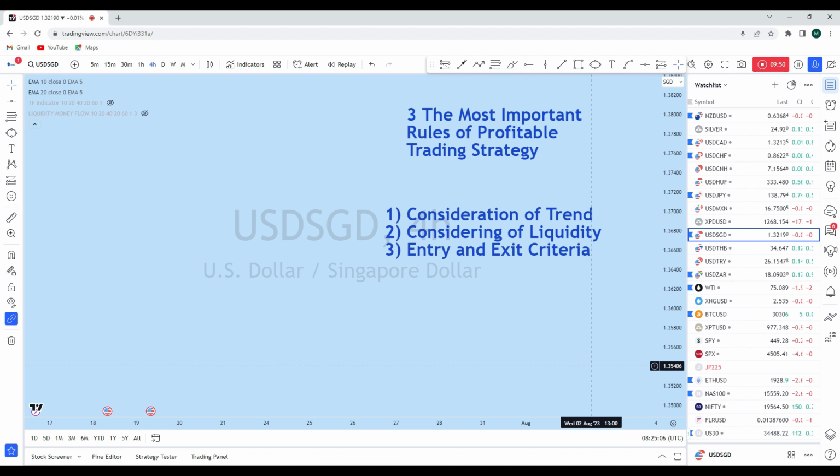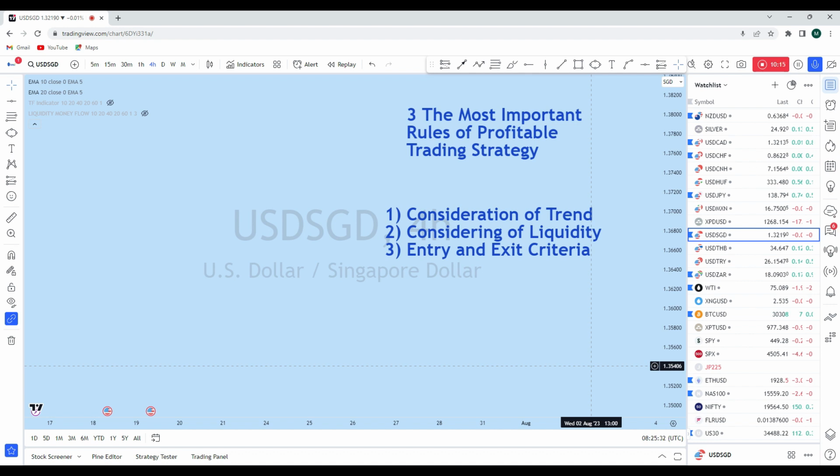Once we know the direction of the trend and the liquidity zone, we know what to do, either buy or sell in the market. The next thing is when to enter, and when to enter comes from the correct entry and exit criteria.